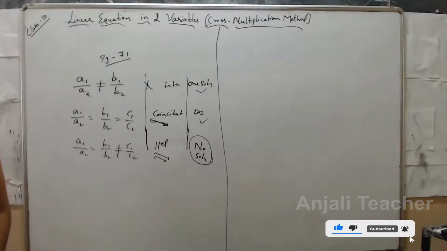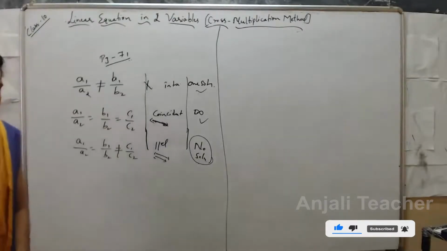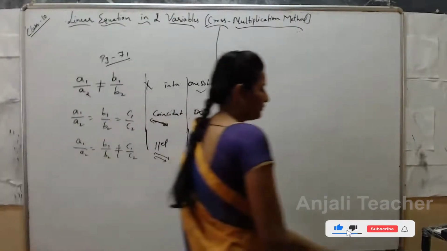Come to the cross multiplication method. Here, come to page number 85.